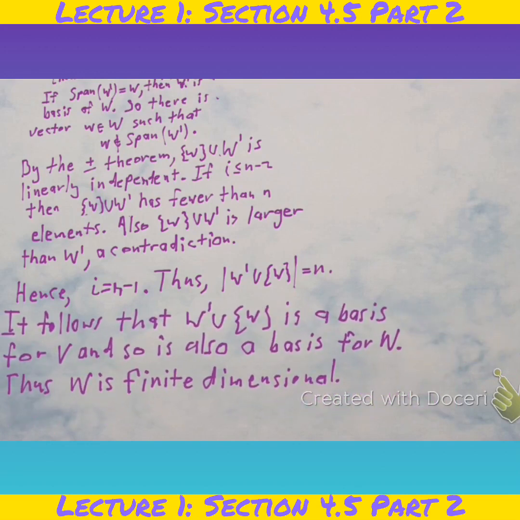It follows that the set W prime union w is linearly independent and has n elements, and we know that any linearly independent set of n vectors in a vector space that's n-dimensional must immediately be a basis for the whole of V. So this set here is a basis for V. And so it must also be a basis for W, because this is contained in W, and therefore it spans W. So that is going to imply that W is finite dimensional.